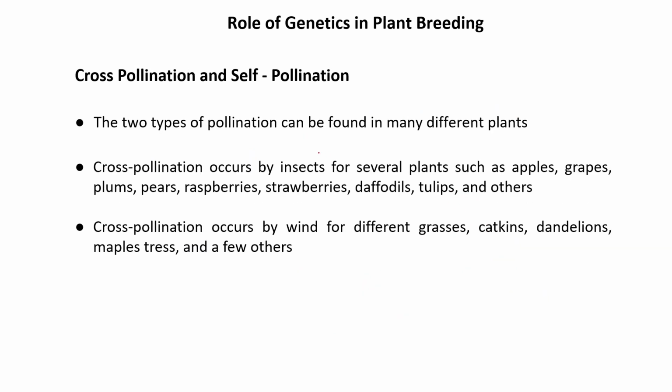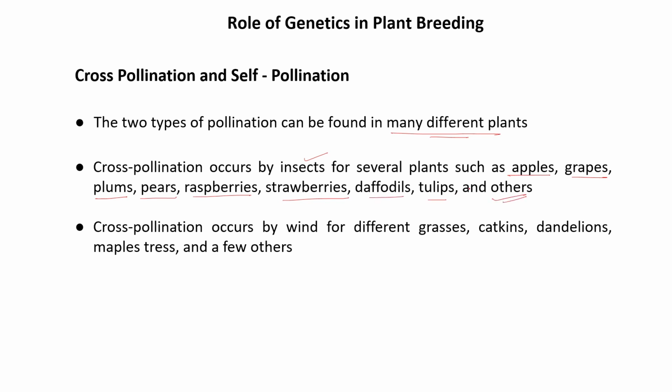The two types of pollination can be found in many different plants. Cross-pollination occurs by insects for several plants such as apples, grapes, plums, pears, raspberries, strawberries, daffodils, tulips, and others.